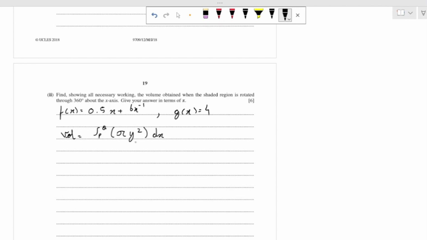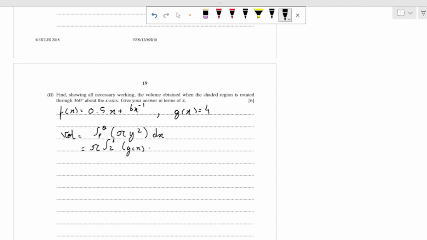And this y square, I'm going to tell you in a minute what it exactly represents in the case of two equations. In the case of two equations, first of all, the very first thing you should do is remove any constants that are in the integrand. Pi is a constant, we can just bring it outside the integrand. Q and P were 6 and 2 respectively, and y square is actually gx minus fx whole square.